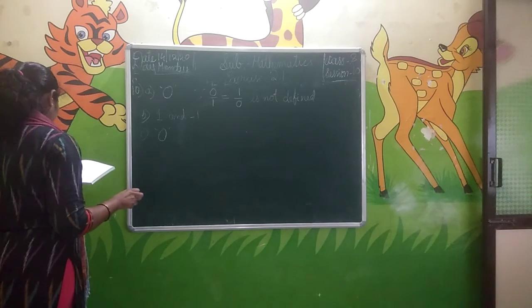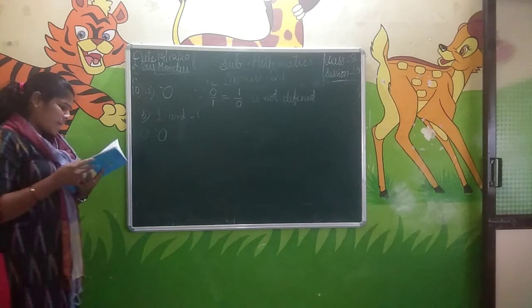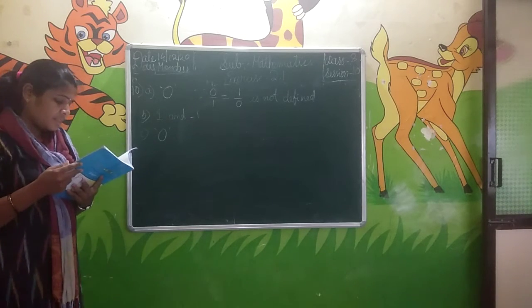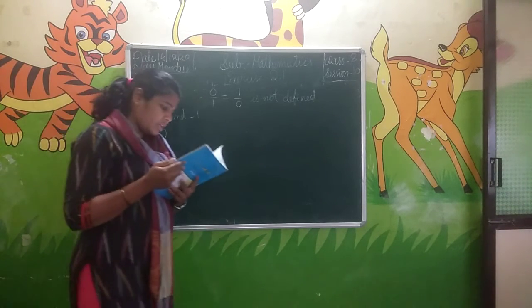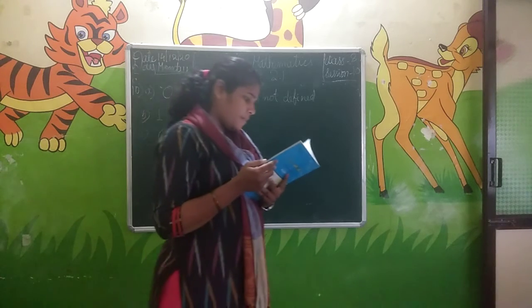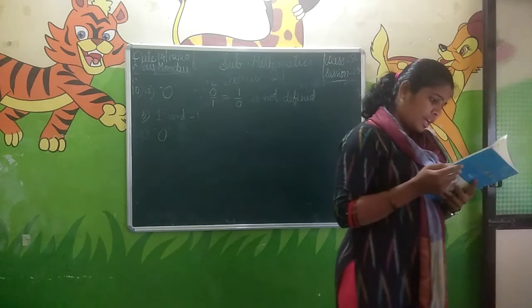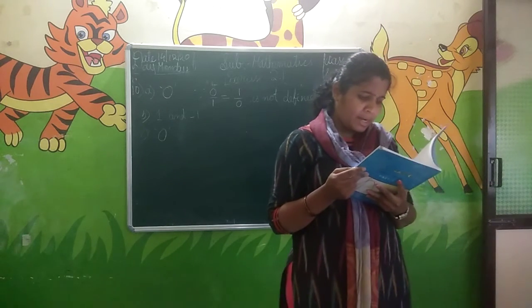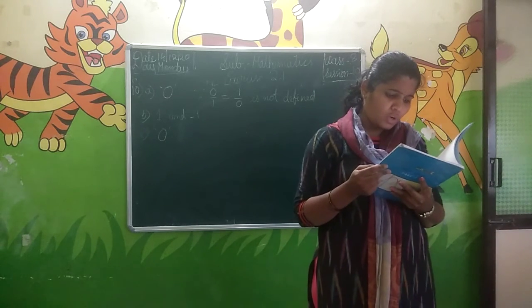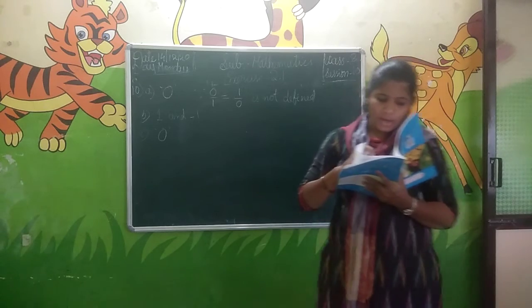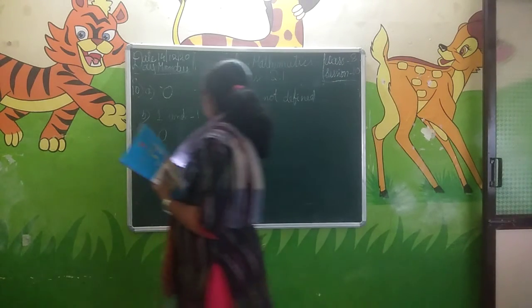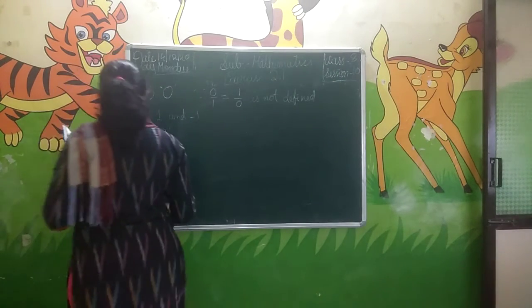Next, come to the fill in the blanks. 0 has dash reciprocals. The numbers dash and dash are their own reciprocals. The reciprocal of -5 is dash. Reciprocal of 1 by x, where x is not equal to 0. I have shown you 0 does not have any reciprocal.